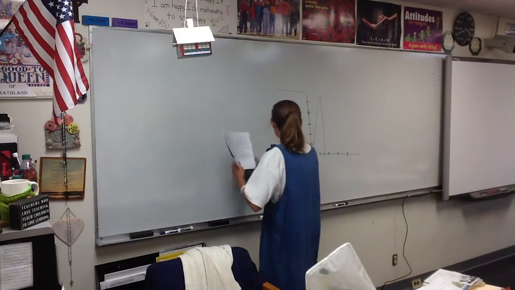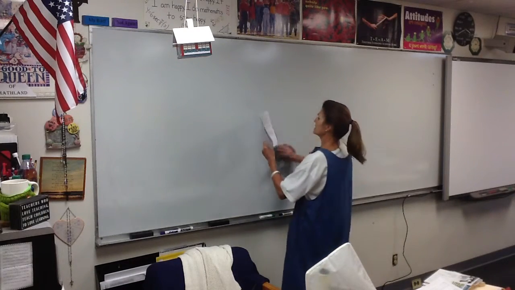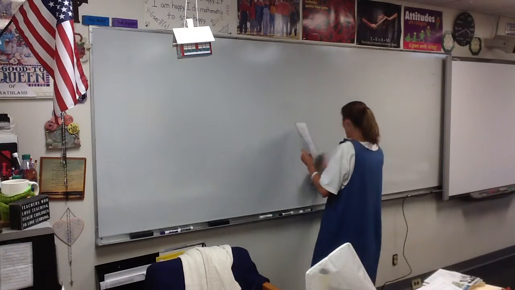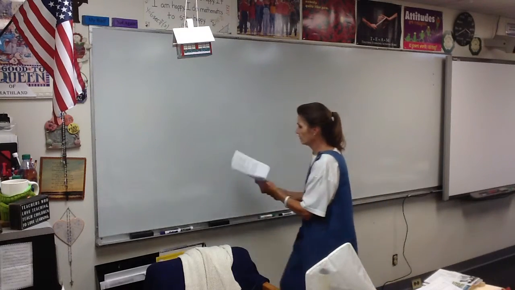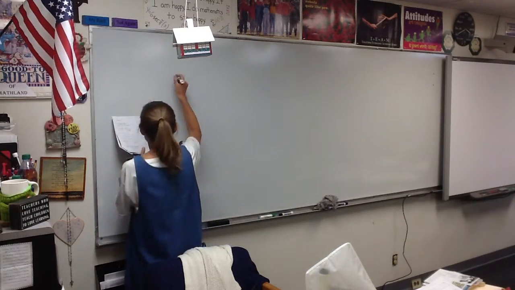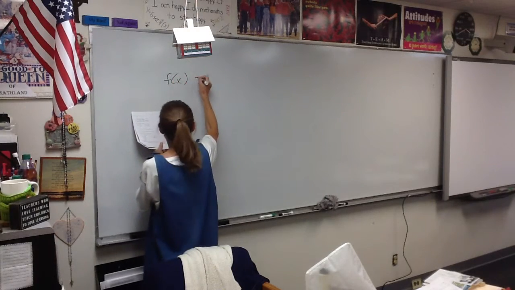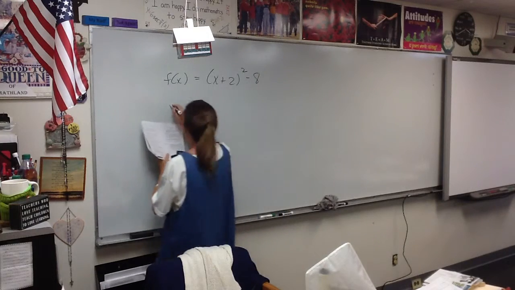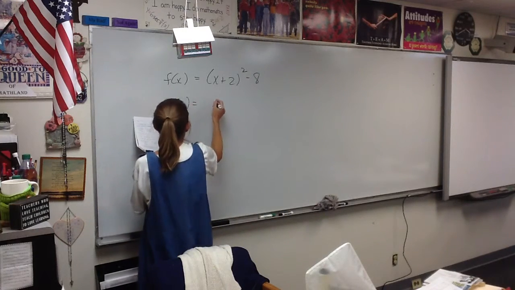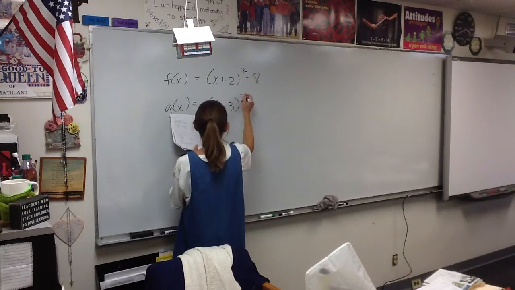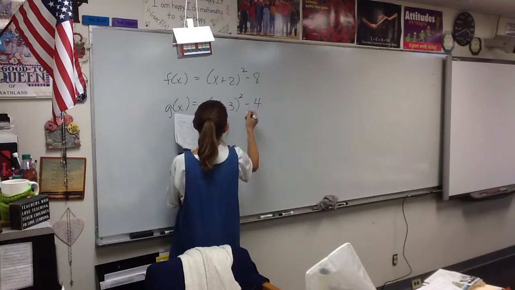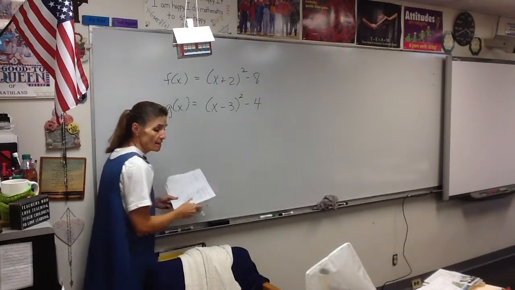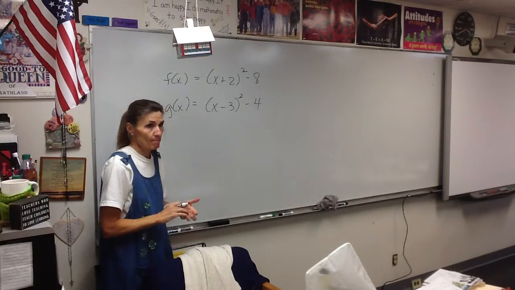Describe the transformations that would be necessary to change this curve into this curve. Now, what I need for you guys to understand is, if I were to graph these two things, they would be exactly the same.